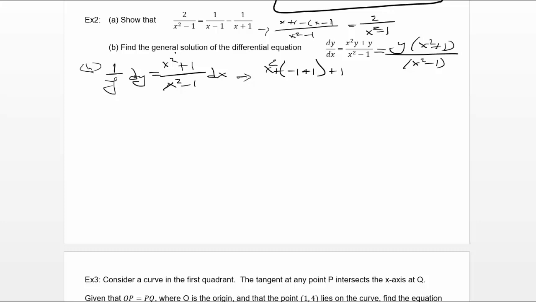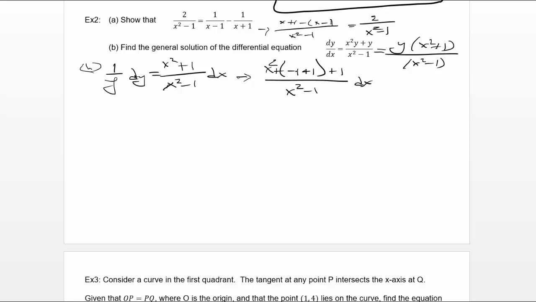So I've just plopped in a minus 1 plus 1 in the numerator here. So note that minus 1 plus 1 is 0. So I've not changed the value of the numerator, but I've just changed how it looks.